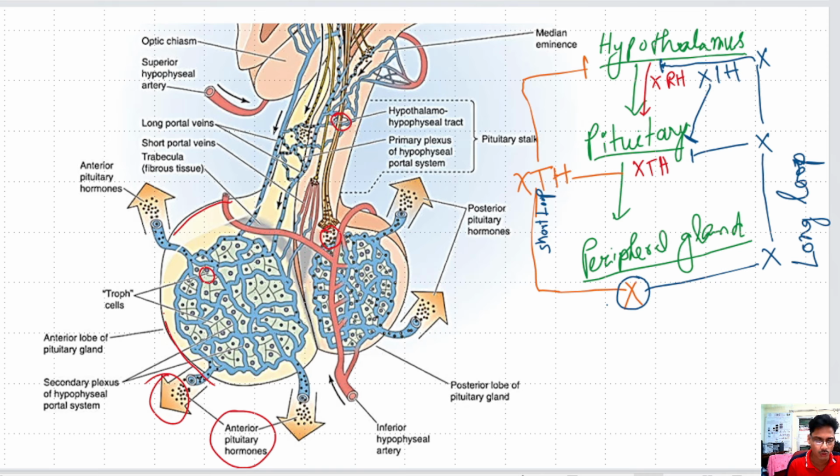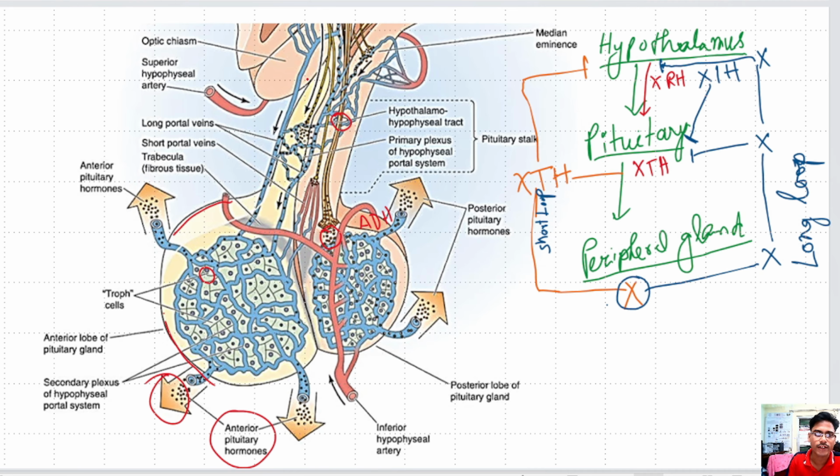We know some of them, growth hormone and ACTH, adrenocorticotropic hormone, are released from the anterior pituitary. In the posterior pituitary, two hormones are released: one is ADH, antidiuretic hormone, and the other is oxytocin.